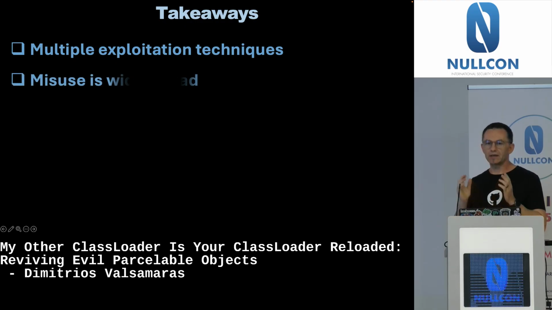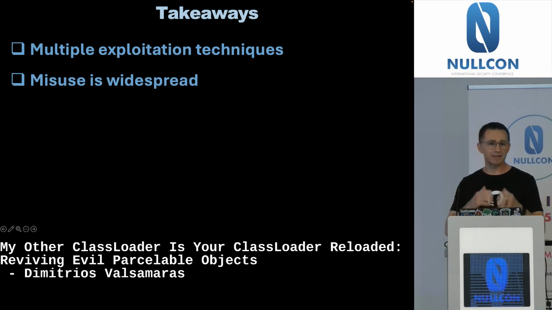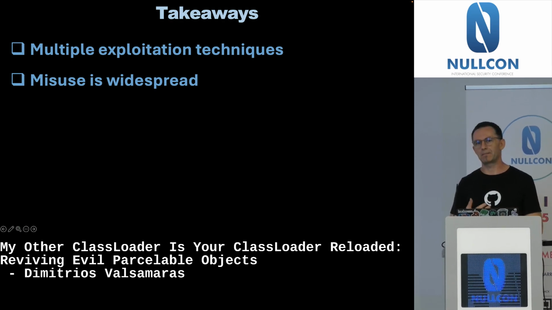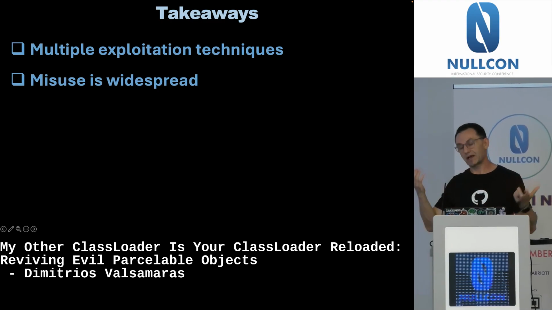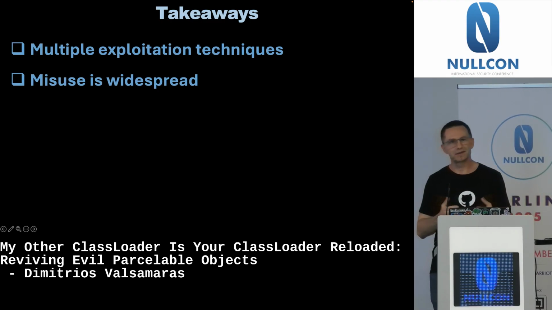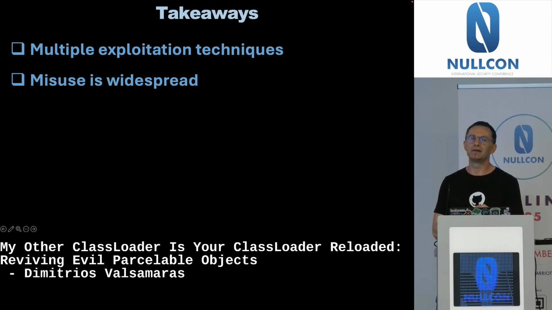Now, the next one, I already mentioned that. However, I want to stress this out. It is a very common issue. Maybe it is due to the fact that this sandbox issue creates the misconception that apps are protected somehow, or maybe due to the fact that these kinds of issues are sometimes buried under multiple layers of inheritance or abstraction when it comes to Java.